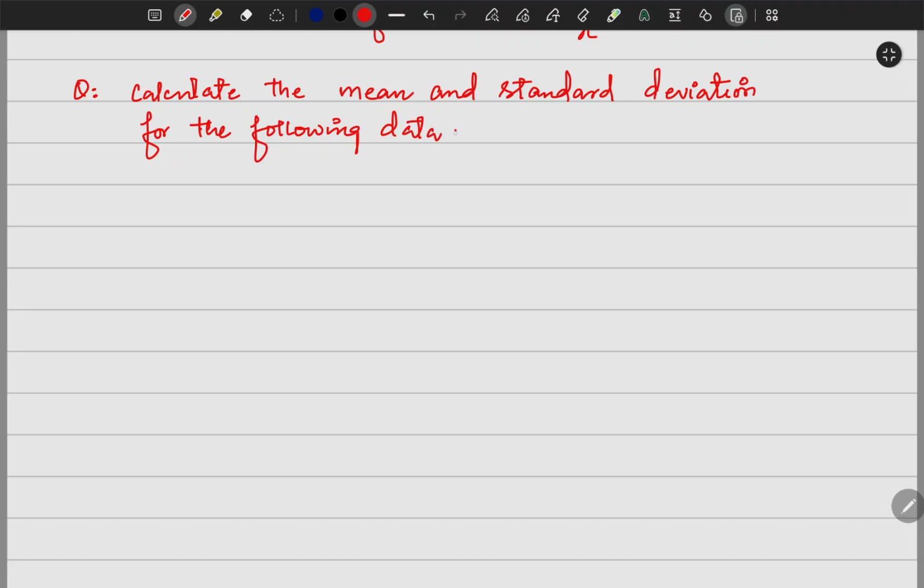Let's say we have the data as size of the item, and we have the frequency.